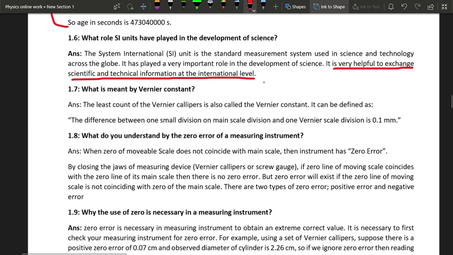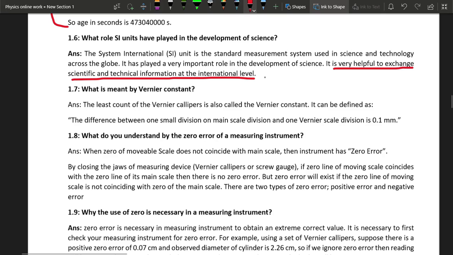For example, if we do not have these SI units, then in one region some physical quantities are measured in different units, and in some other region of the world these quantities are measured in other units. For example, if mass in Britain is measured in pounds and mass in Pakistan is measured in kgs, there is a difference between a kg and a pound.